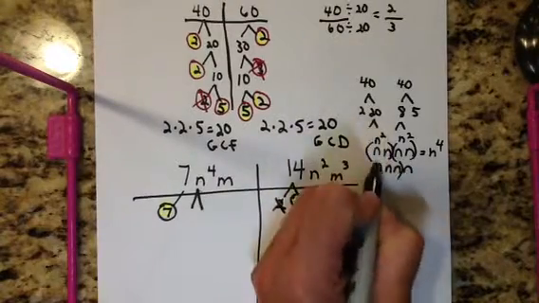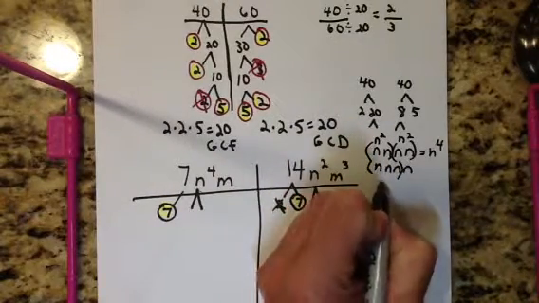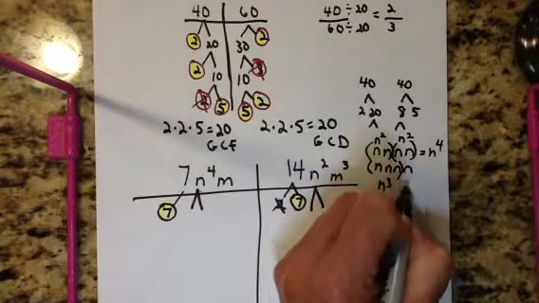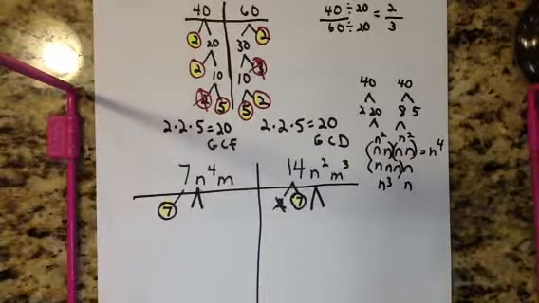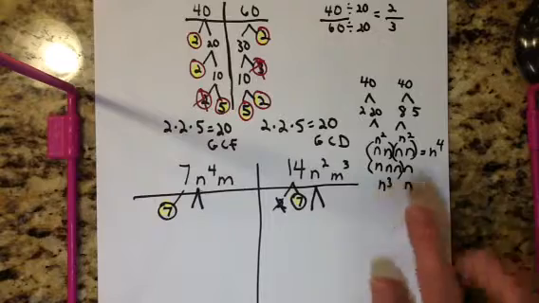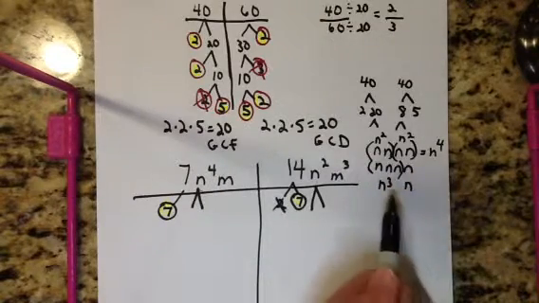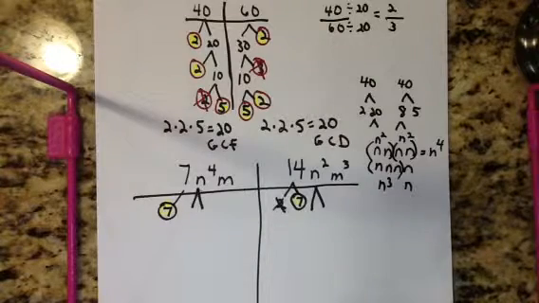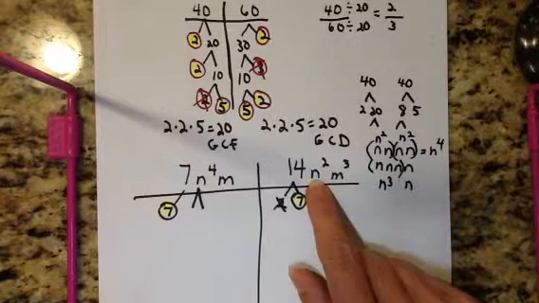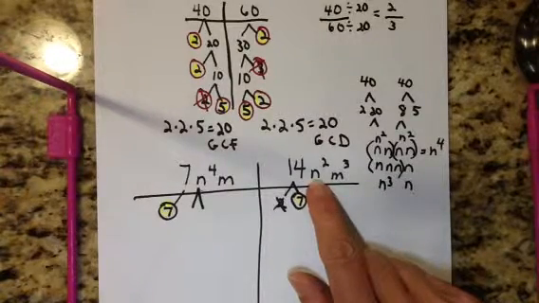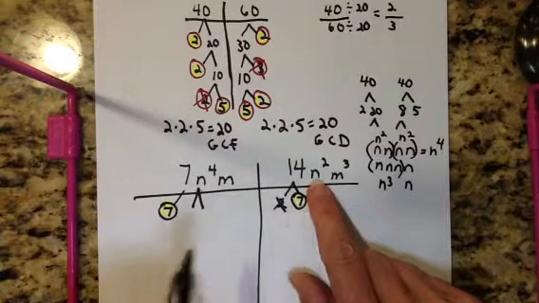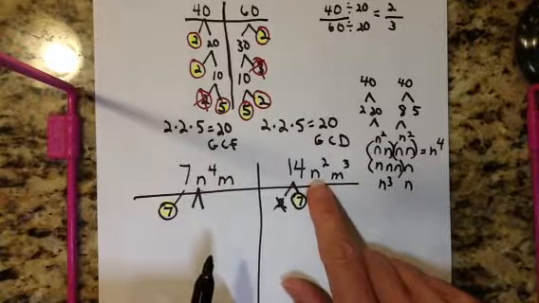Another way of factoring this could be n to the third times n. So again, I could go about factoring the n to the fourth differently, n squared times n squared, or n to the third times n. Well, look over at your other n and see what you're dealing with, and that'll help you determine.